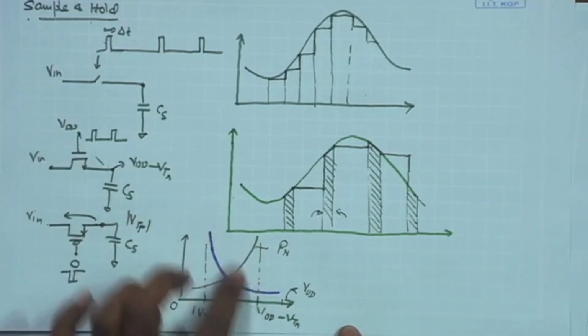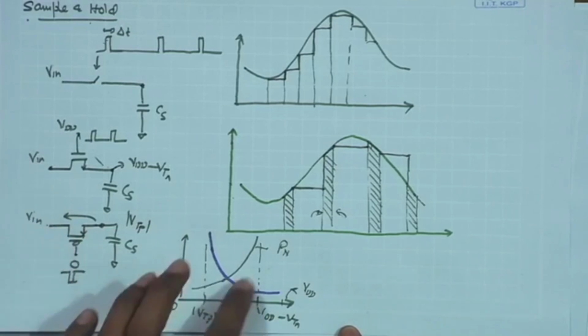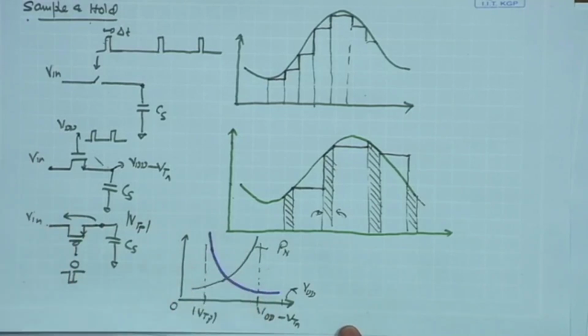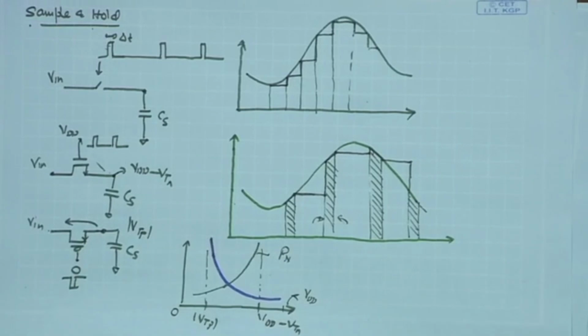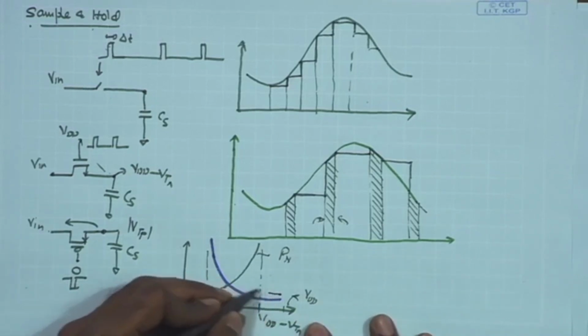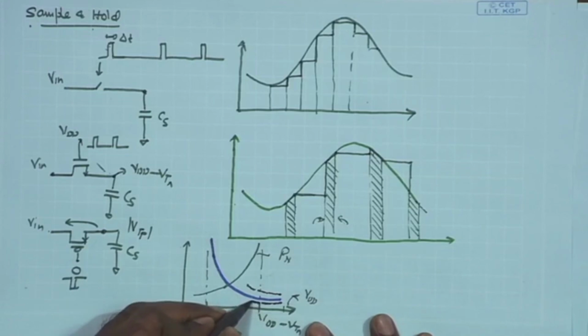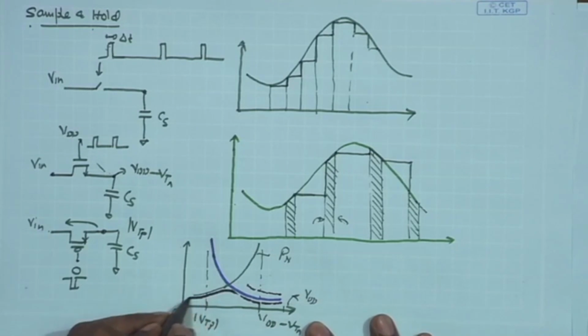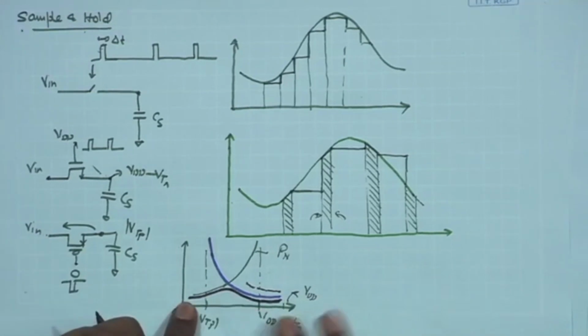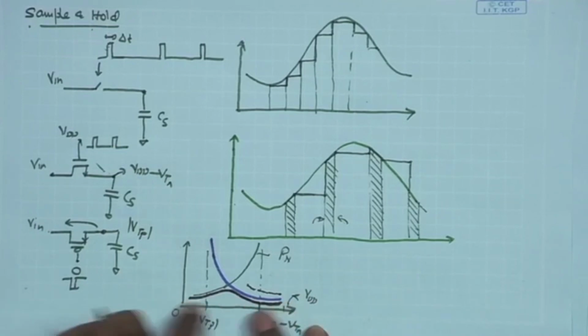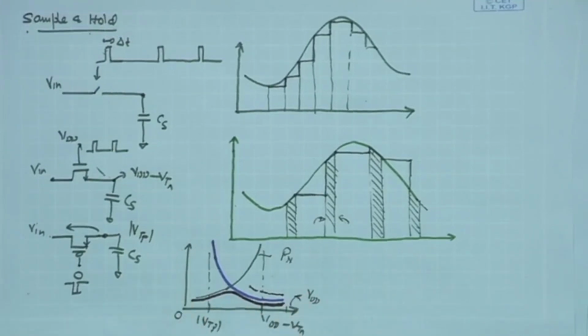Now, for a good switch, I would like to have an overall resistance which is constant, and it makes sense therefore to combine these two. If I combine both NMOS and PMOS, then the overall resistance will be a parallel combination of these two, given by the lower of the two. So the overall resistance of the resulting switch is given by the superposition of these two resistances, and the value will be lower than the lowest, and as a result you are going to get a curve something like this, which is relatively constant over a wide range from 0 to Vdd.